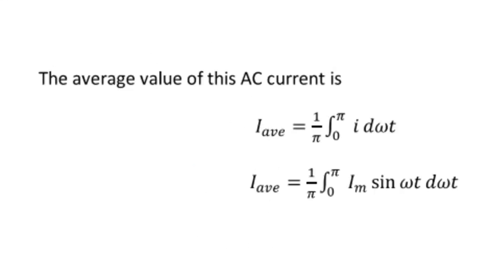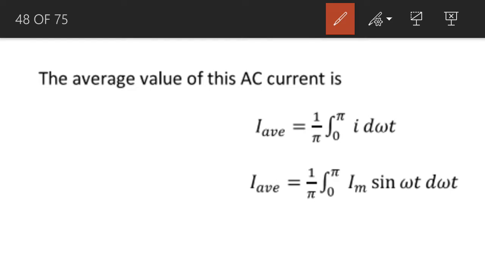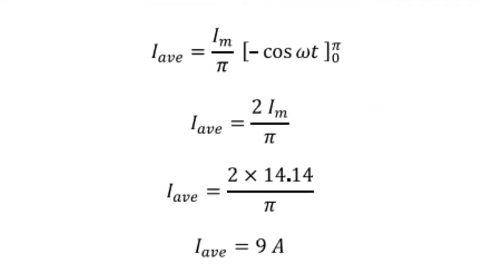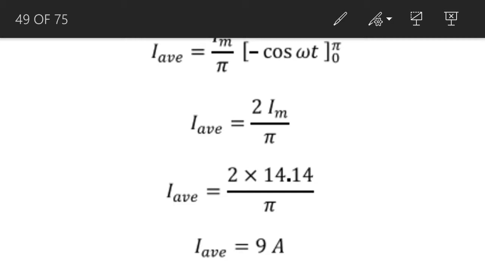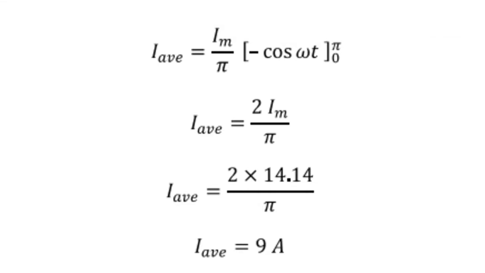And we know that the integration of sine of omega t with respect to omega t is minus cos of omega t. So the average value of the AC current is equal to the maximum value by pi, times the integration of sine of omega t, which is minus cos of omega t, with limits 0 and pi.